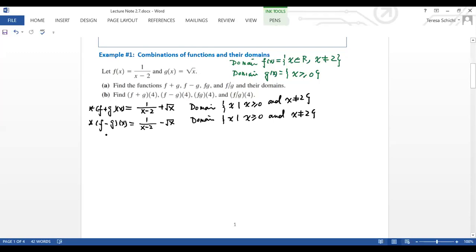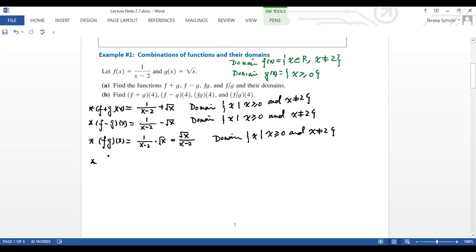Now f times g of x will just be 1 over x minus 2 multiplied by the square root of x, or you can write it as the square root of x over x minus 2. So the domain is also the same: x greater than or equal to 0, and x not equal to 2.